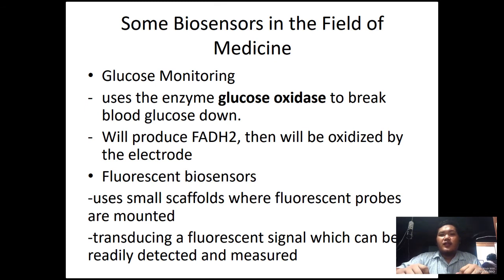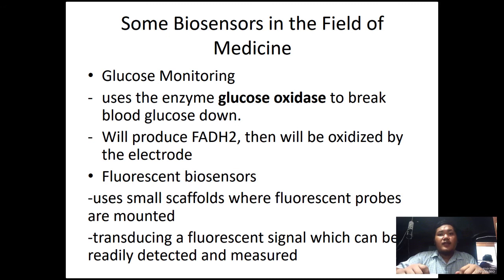This biosensor uses the enzyme glucose oxidase to break blood glucose down, which will produce FADH2. Then FADH2 will be oxidized by the electrode. The electrode, that is the transducer, will then produce a current which a device will read so that it can determine the blood sugar level of a person.